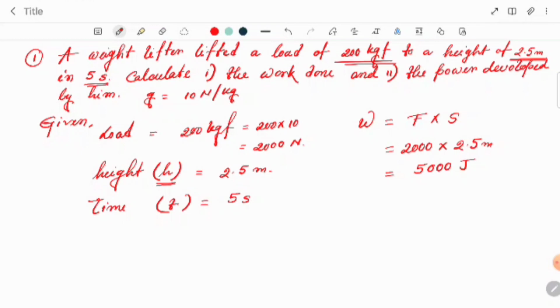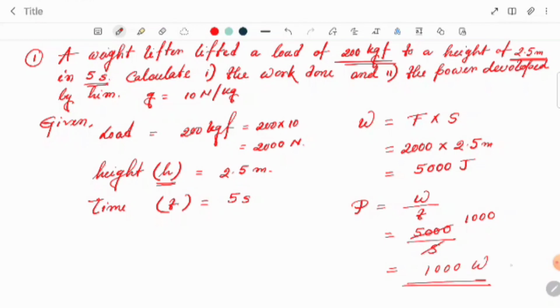Next, we have to calculate the power, which is work done by time. So 5000 divided by the time 5 seconds. If we cancel, the power becomes 1000 watt. Please keep in mind, power is 1000 watt and the work done is 5000 joule.